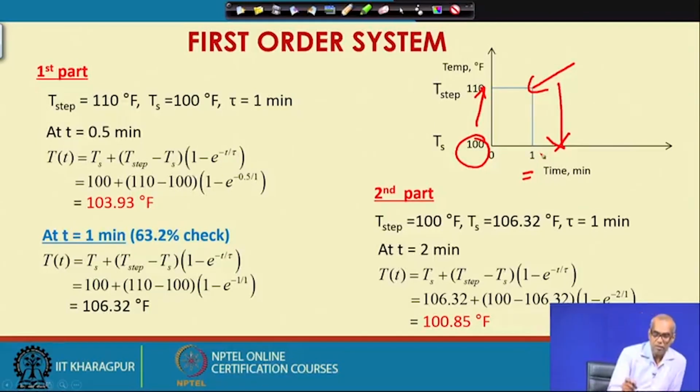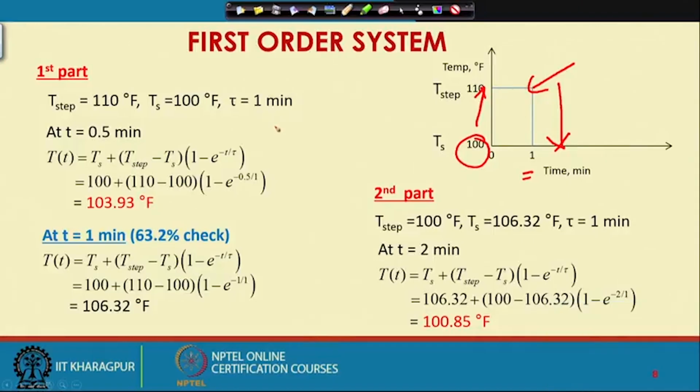So, in the first part I will make use of the equation which is y(t) = y(0) + A(1 - e^(-t/tau)). Please note that this is minus t by tau. y(t) is basically the temperature here, so T(t).